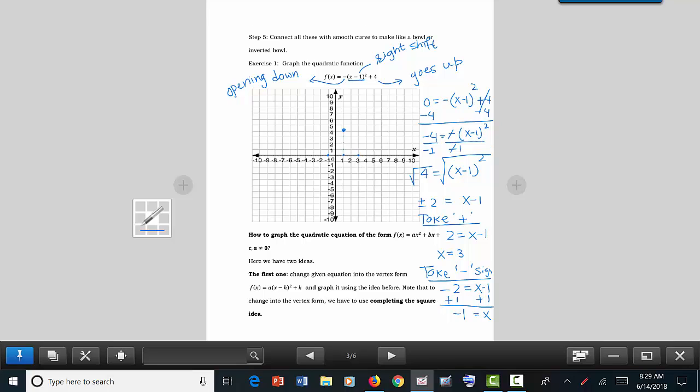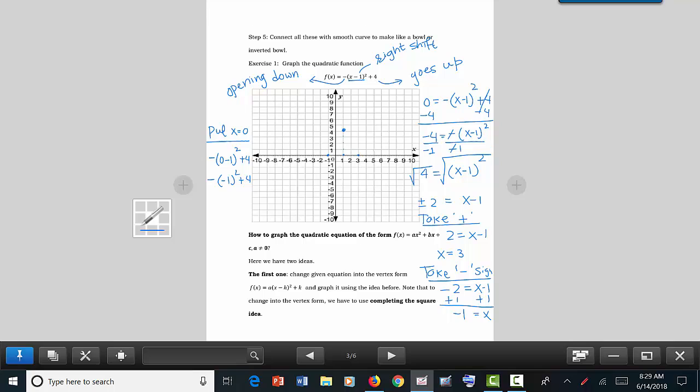We are almost done. The only thing we have to find out is the y-intercept. The y-intercept is the point where the graph crosses the y-axis. So put x equals 0 in the function. Negative (0 minus 1) squared plus 4. So it is negative (minus 1) squared plus 4.